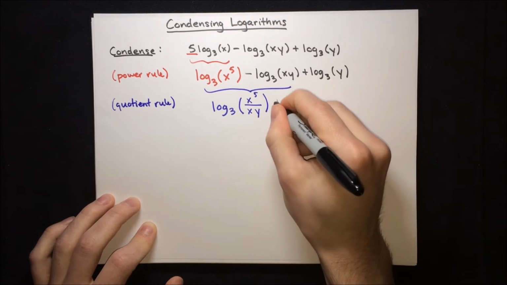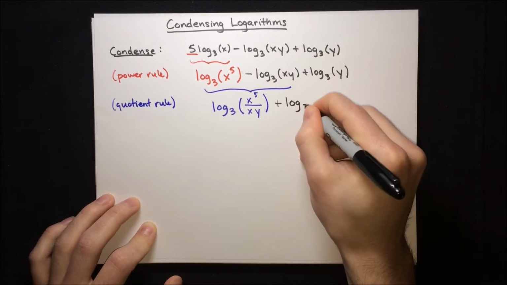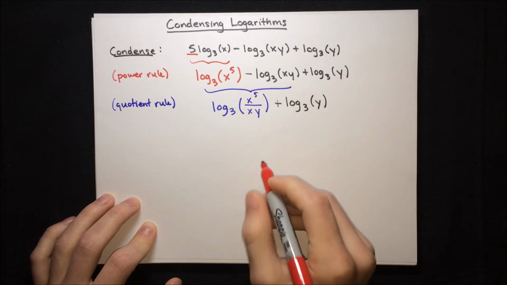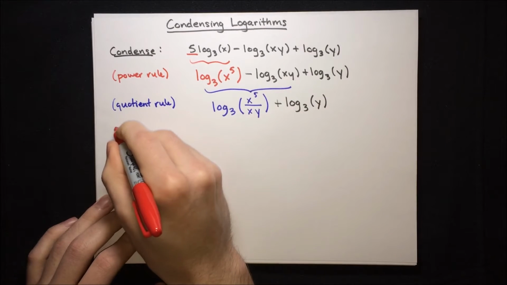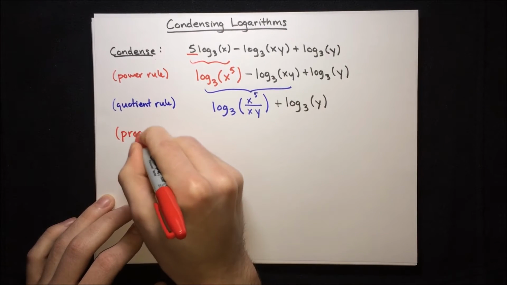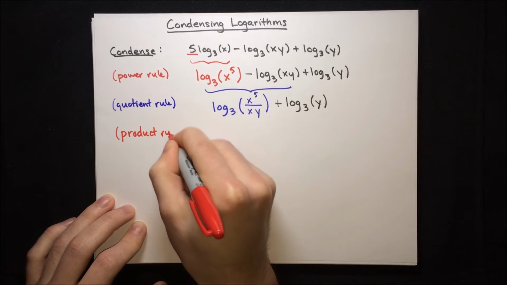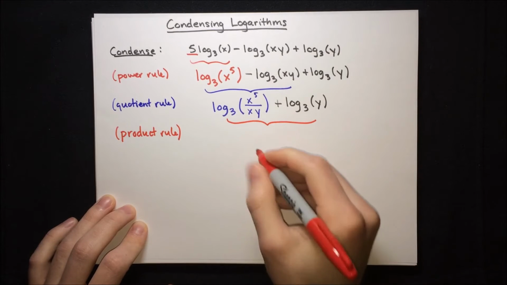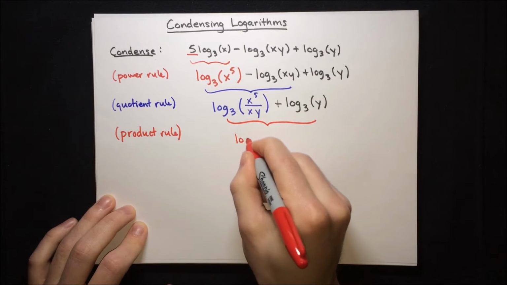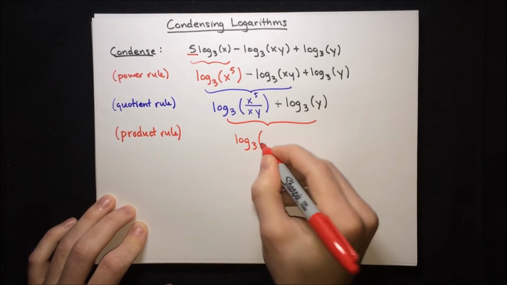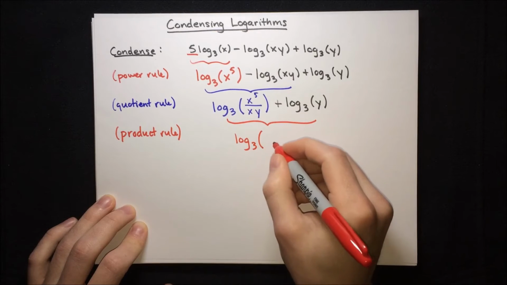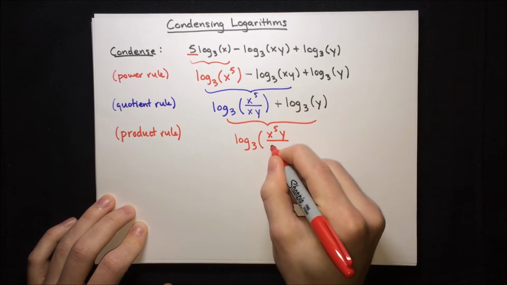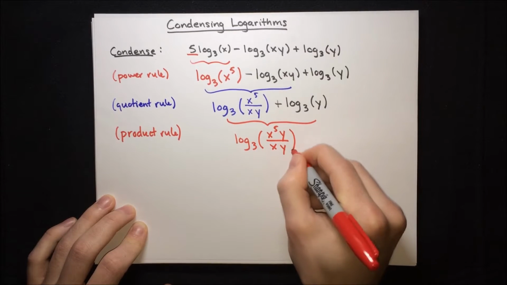So we've still got a plus log 3 of y at the end, but since this is addition, we can use the product rule to combine the logarithms. So adding these two logarithms means that we can take the log and then put all the terms on the inside and multiply them. So we've got x to the 5th y over xy.